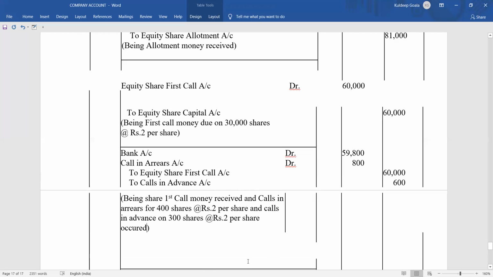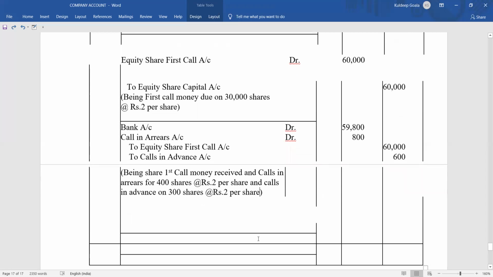In that way also you can write it down, or if you want, you can just mention it like this. That must be enough. So this is how you are going to place the entries.